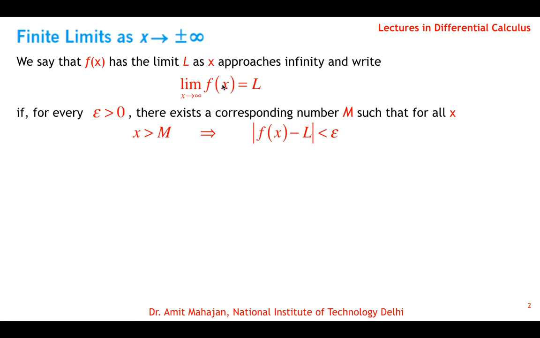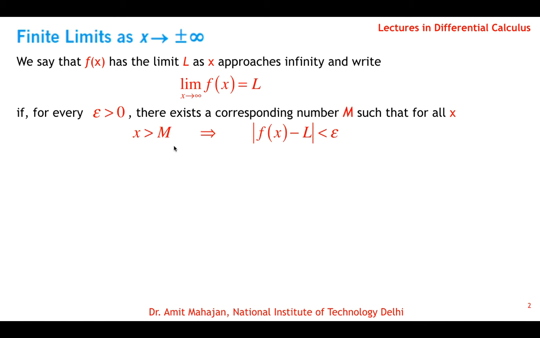So here, when x moves increasingly far from the origin in the positive direction, because x becomes too large and goes towards plus infinity, the function value takes on L. That means for every possible epsilon positive we have a corresponding M such that you choose any x which is greater than M. We can find a positive number M such that for every x greater than M, the distance of the function from L is less than epsilon.